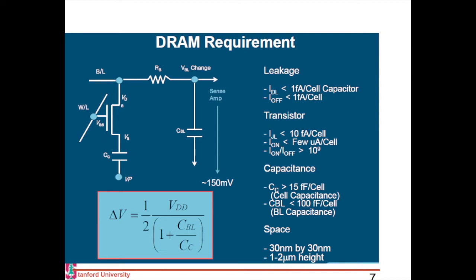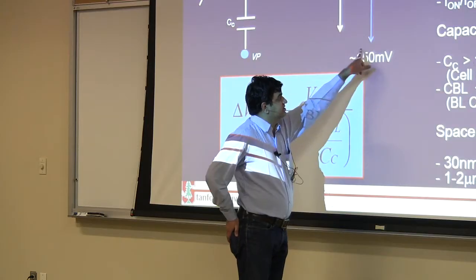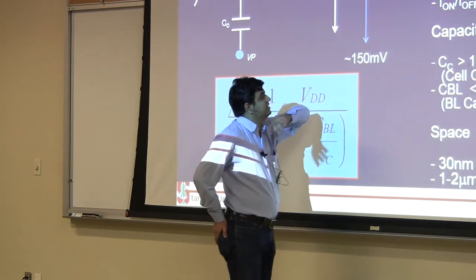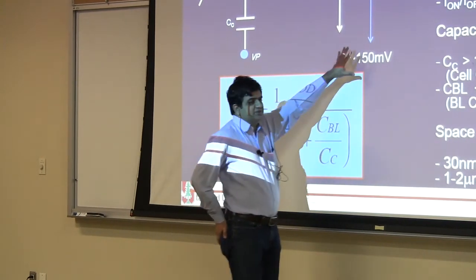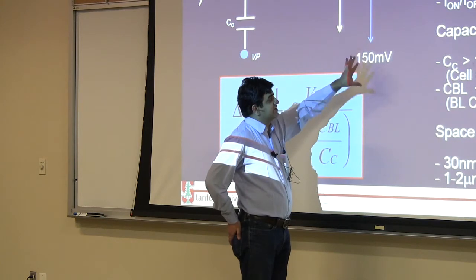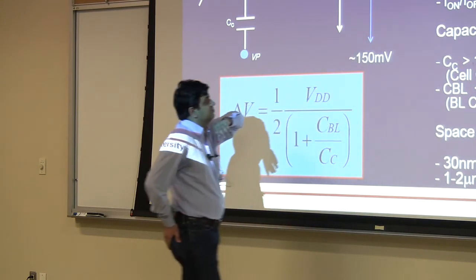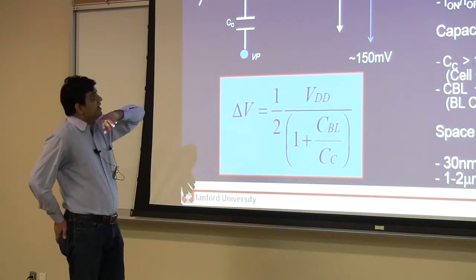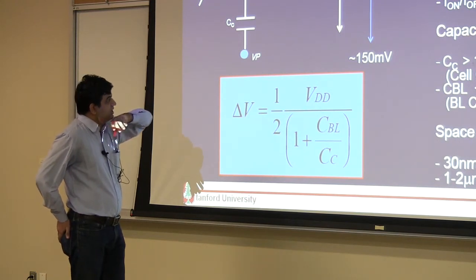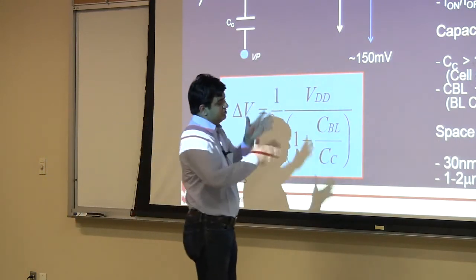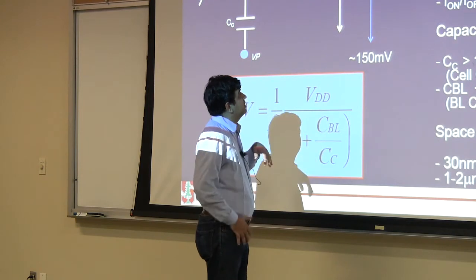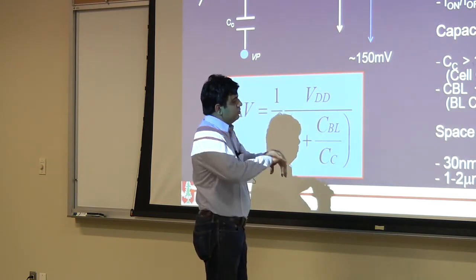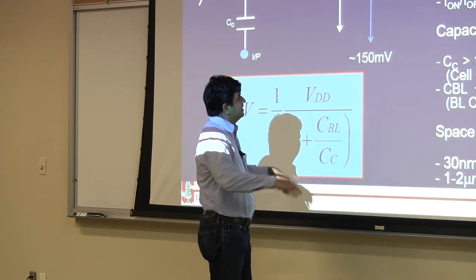For that sense amplifier to detect this voltage, it has to be at least a few times kT, right? So it has to be at least 6 kT. So it has to be 150 millivolts. And the bit line is essentially you're trying to put more and more transistors or more DRAM cells in series.